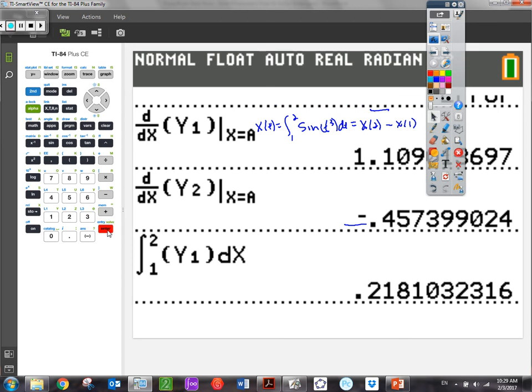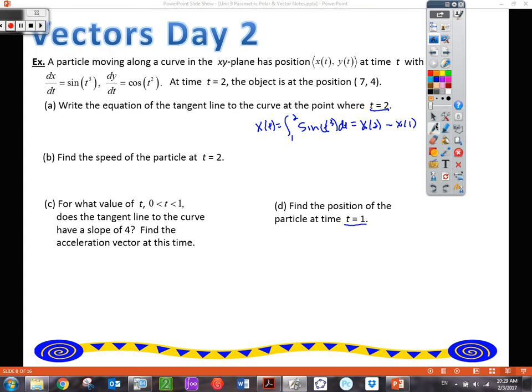Okay, so we have that value, 0.21810. Okay, so we have 0.21810 equals x of 2, we know is 7, minus x of 1. So our x of 1 ends up being 6.7818. Okay, we okay with that? So we just solve for x of 1, move the 7 over, multiply by negative 1, do all that algebra. And we get 6.7818.